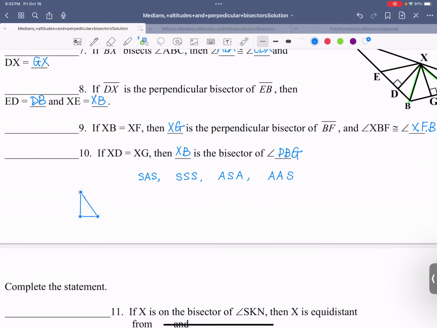Leg. What do you mean leg? The two sides at the right angle are called legs. The side opposite the right angle is called the hypotenuse. The hypotenuse is the longest line.